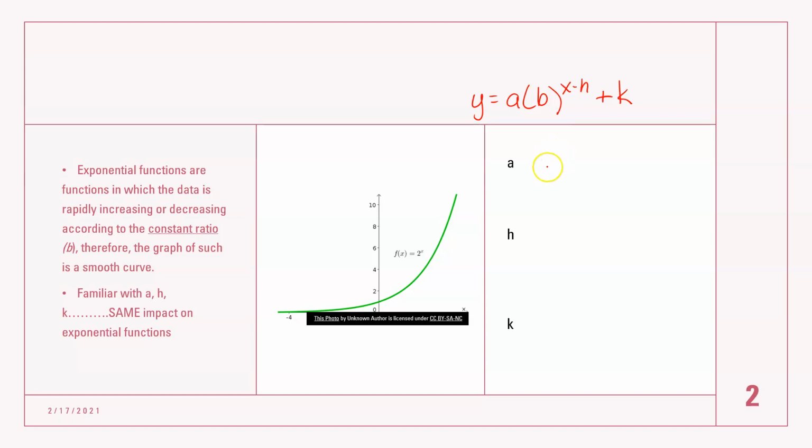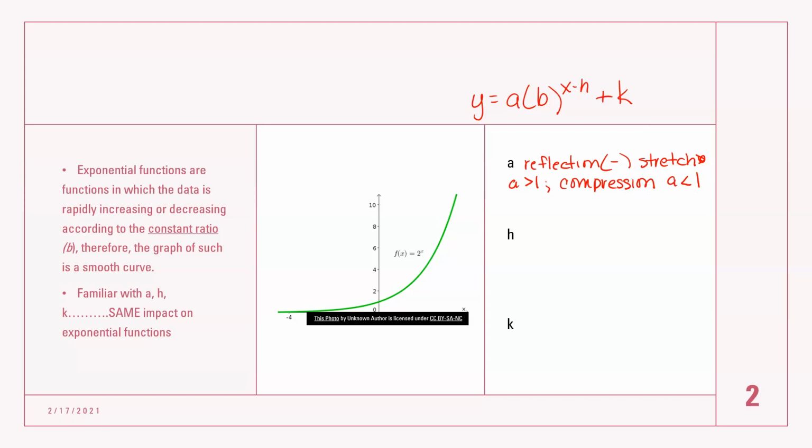So again, the a is a reflection if you have a negative sign. It is a stretch when a is greater than 1, sorry, and then a compression when a is less than 1.